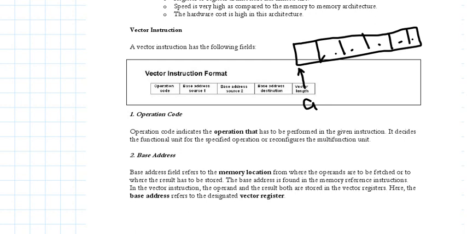If A is the base address and this is an integer type of array, then if you add 2 bytes to A, it is going to give you the address for your second element. If you add 2 more bytes, this will give you the address for the third element and so on. So this value is basically your address increment. That means by how much you need to increment your base address to get the successive elements.